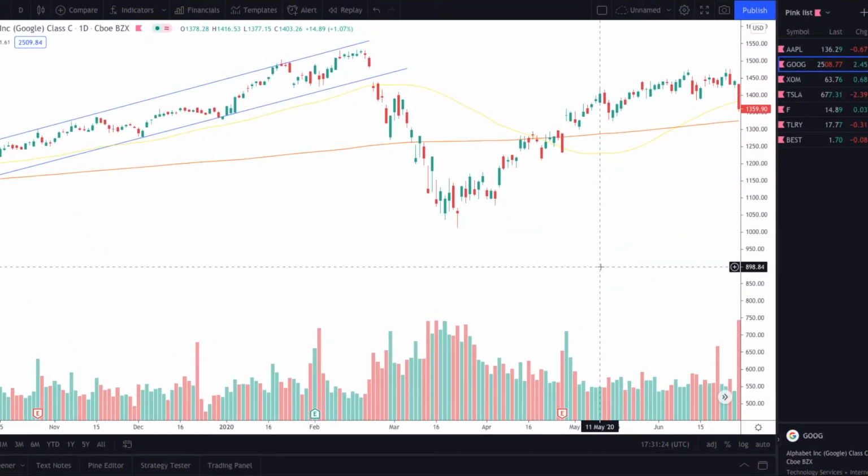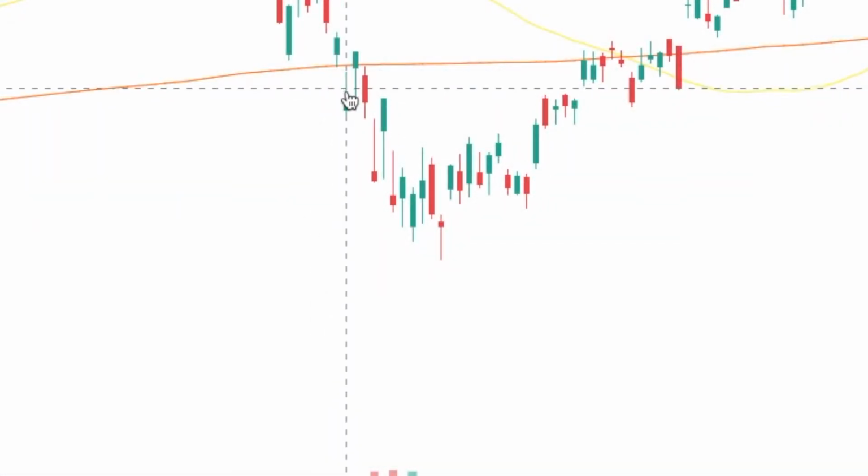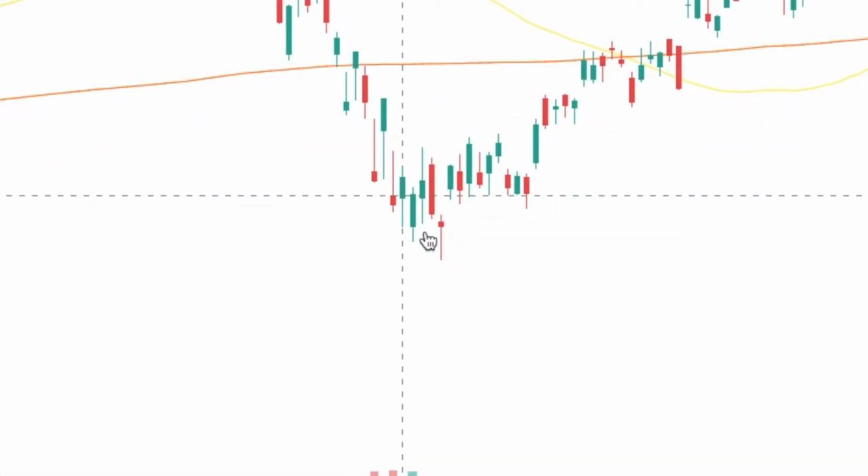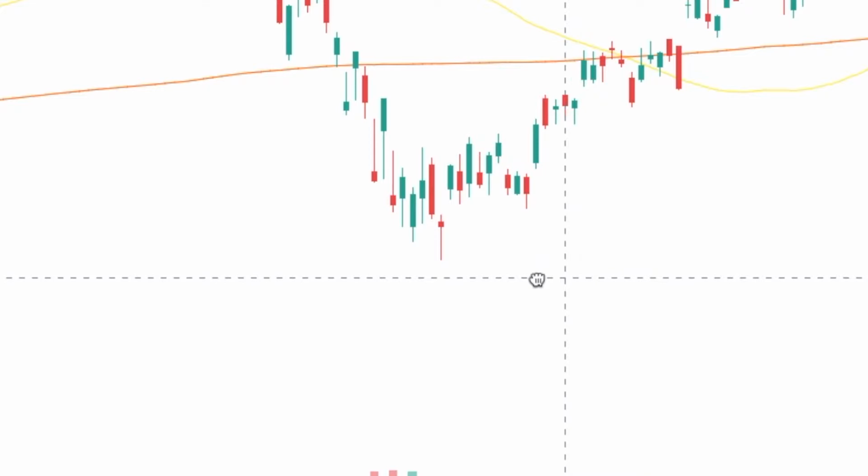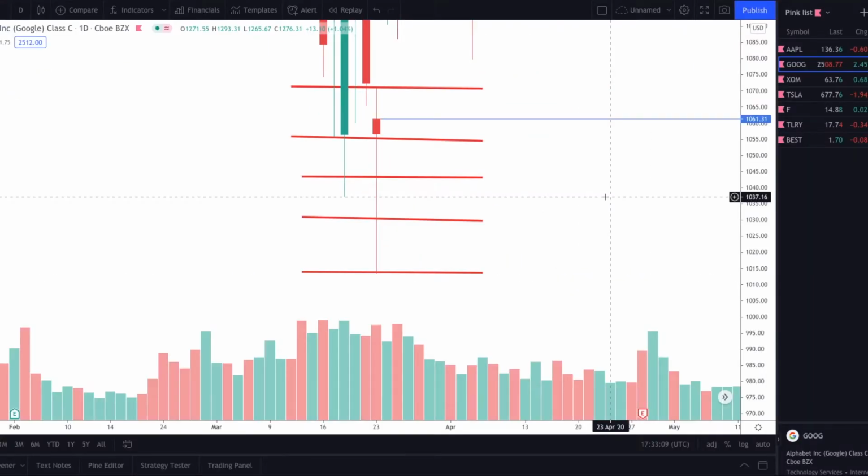Here's an example, not the perfect example, but an example. This is the Google chart. When the COVID-19 crash happened, we fell all the way down. We did not have any bottoming signals until we had this candle. Here we are breaking it down. We had a tail that came down and hit a new low, and then it came all the way back, creating this long bottoming tail.